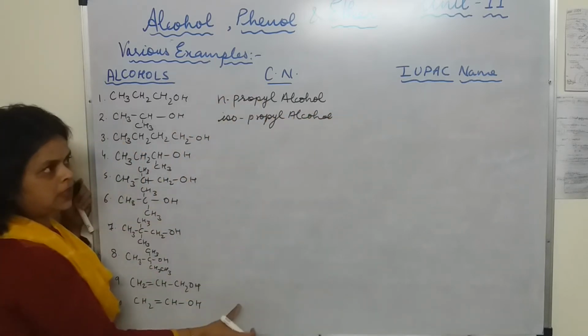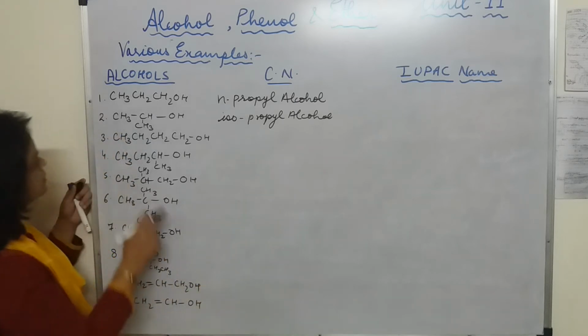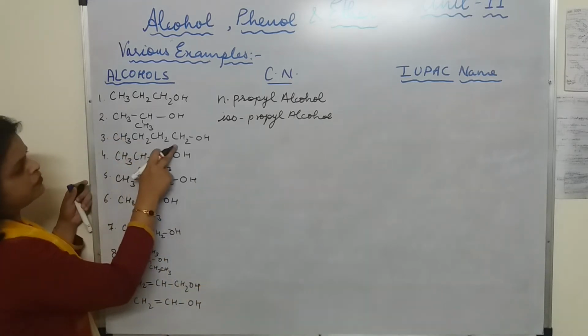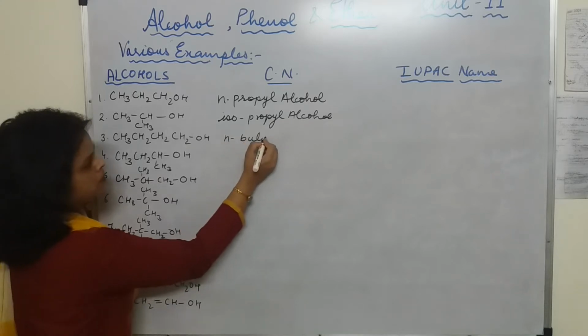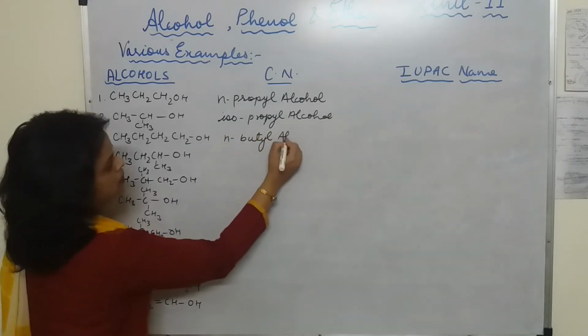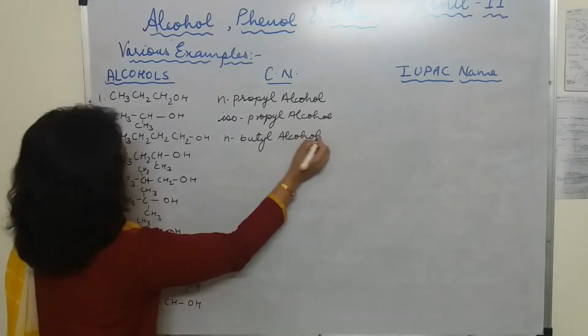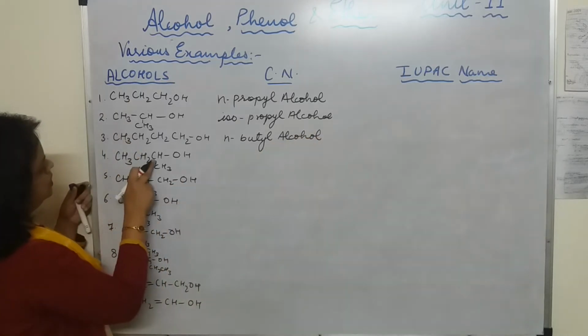First, let's write the common names and then we will write the IUPAC names. Here there is a 1, 2, 3 and 4 carbon chain, so it is n-butyl alcohol. Again 1, 2, 3 and 4.